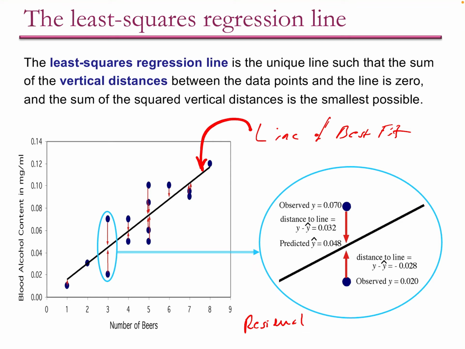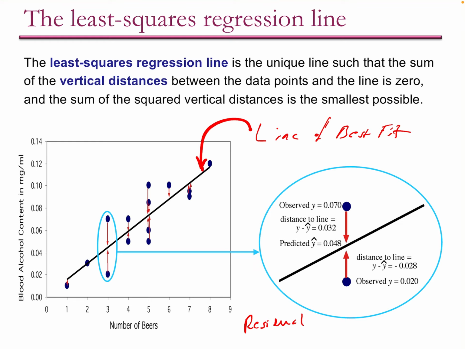So the least squares regression line is the unique line such that the sum of the vertical distances, the sum of the residuals, and the line is 0. So if you add up this positive, this negative, this negative, this positive, if you add up all these residuals, that line is positioned such that if you add up all those values, you get 0.